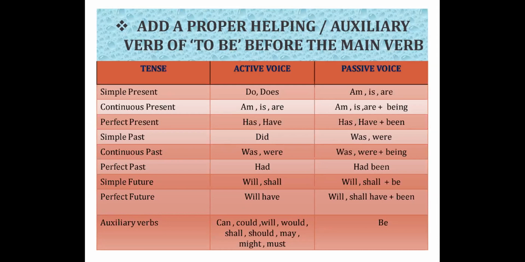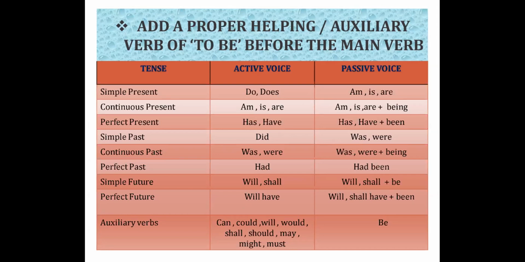See, am, is, are, was, were, do, does, did, would, should, shall, will. These are the auxiliary verbs. Now, if the sentence is in simple present tense and in the active voice there is do or does, while changing into passive voice we have to add the helping verb am, is, or are.